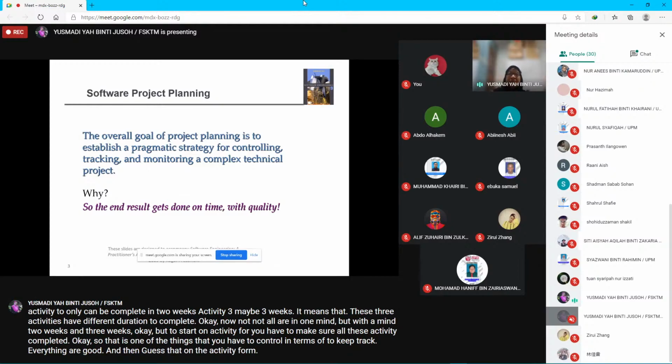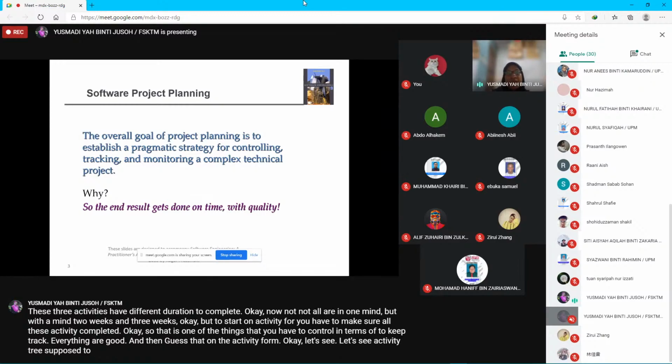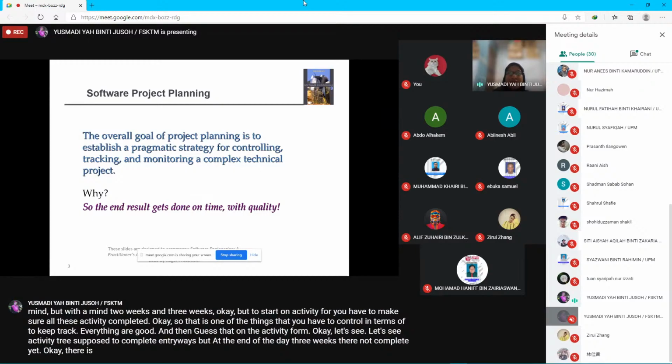Let's say activity 3 was supposed to complete in 3 weeks, but at the end of the day, after 3 weeks, it is not complete yet. There is an advantage, right? There is an advantage because activity 1 is 4 weeks, activity 3 is 3 weeks.